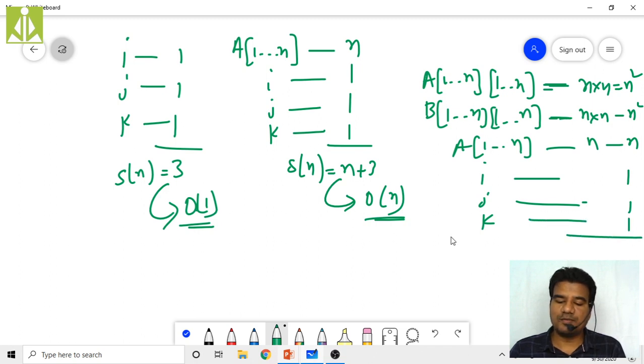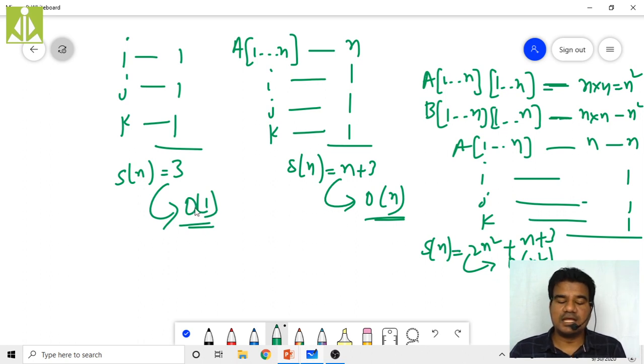So overall what will be the space complexity function? S of n equals 2n square plus n plus 3. What is the degree of the polynomial here? Order of n square. So at most we can go up to n square only.